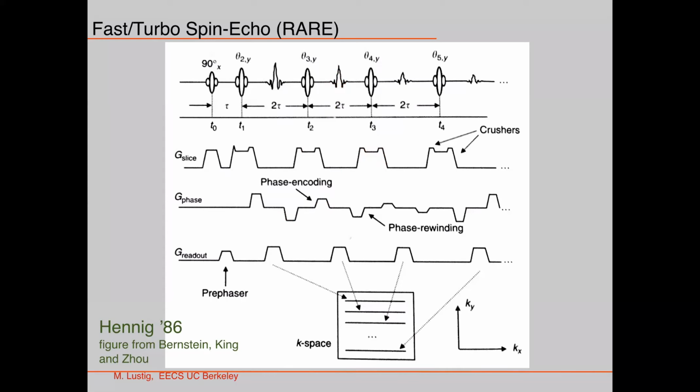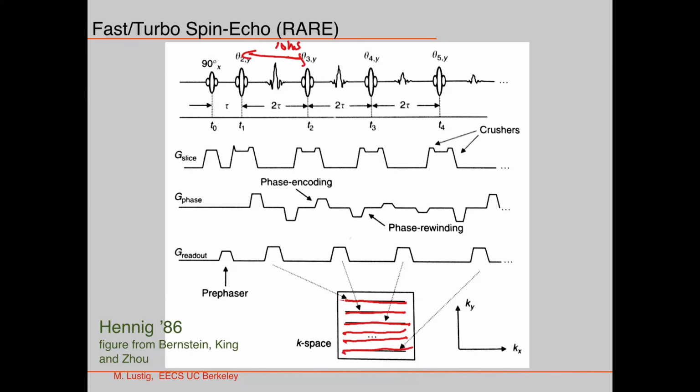The result is that you effectively collect one k-space line, another k-space line, another, and so on and so forth, but extremely rapidly, because this could be about, I don't know, 10 milliseconds, or even less, 5 to 10 milliseconds.